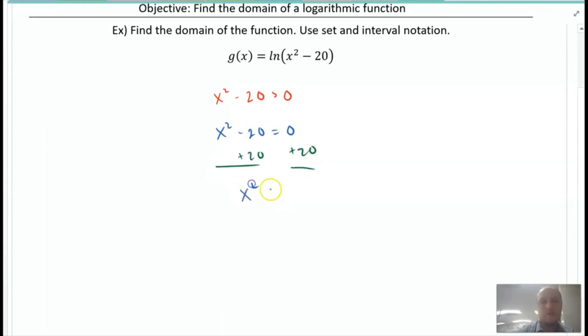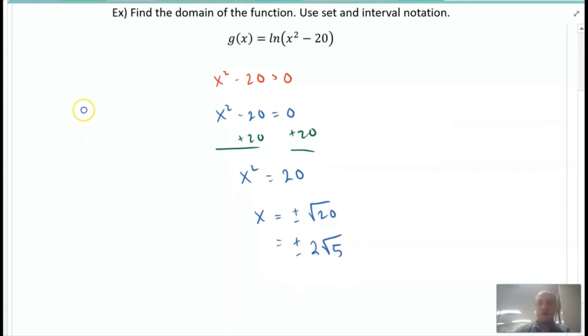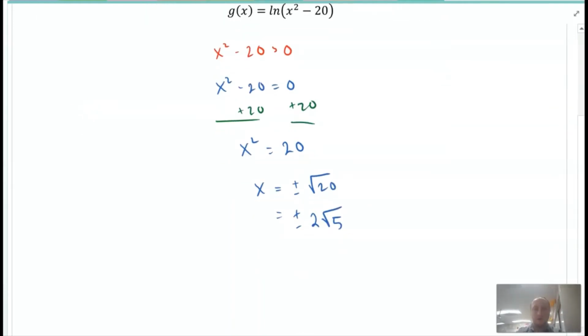We get x squared is equal to 20. So x is equal to plus or minus root 20, which is 2 root 5. Okay, so again, these are our critical numbers. So we'll go ahead and test them. So -2 root 5, +2 root 5, and we'll test 0.